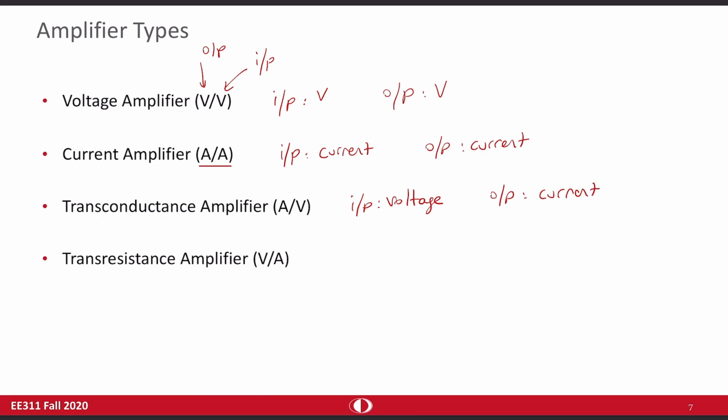You want to supply voltage to the system or the amplifier, and you want to get current. And then, of course, the gain has a unit of conductance, right? Output amperes divided by input voltage. And the name comes from the unit. So the unit is conductance or mho. That's why we call it a transconductance amplifier.